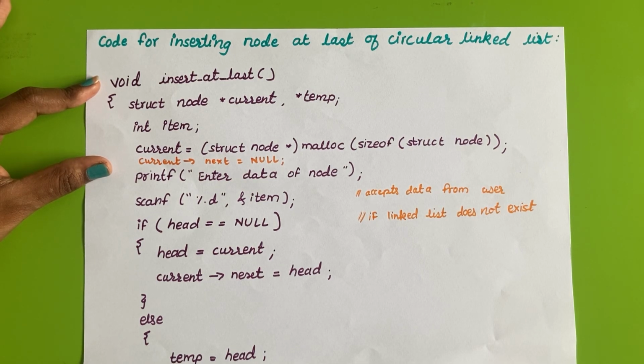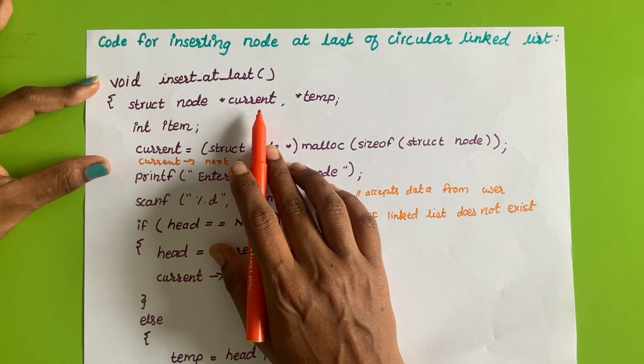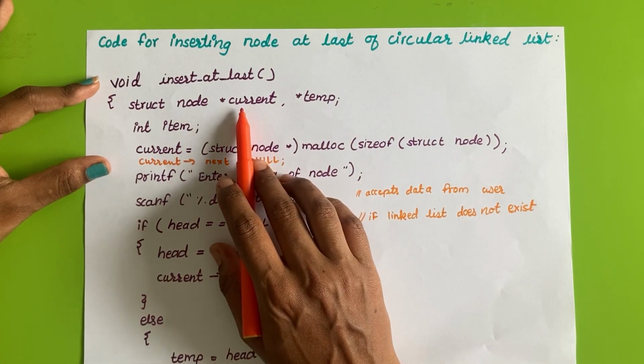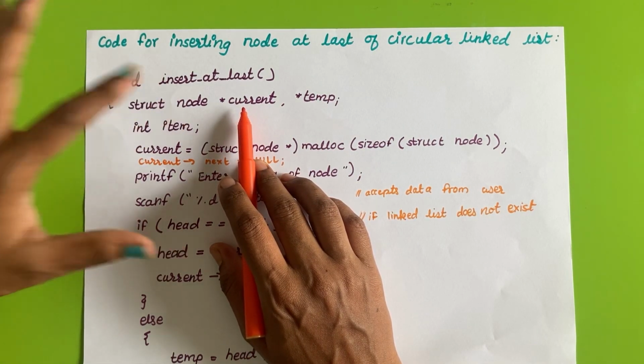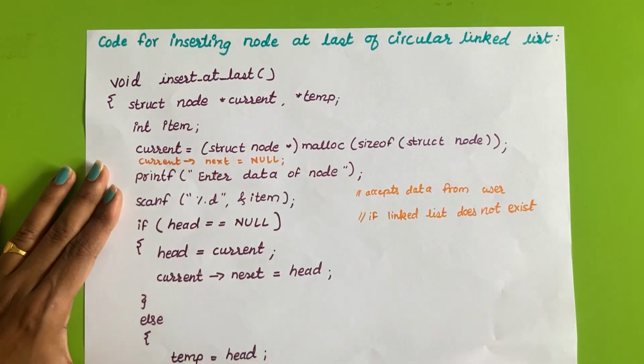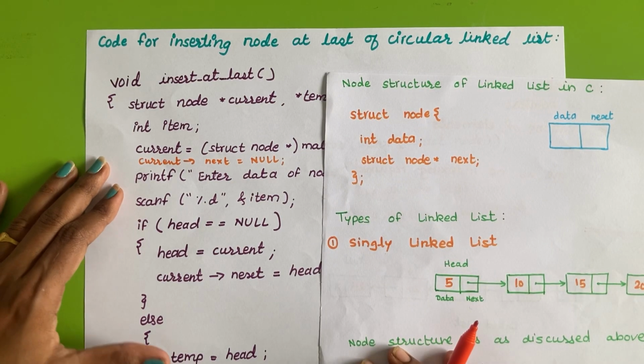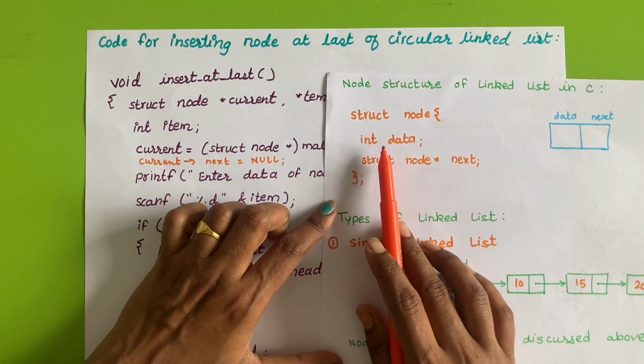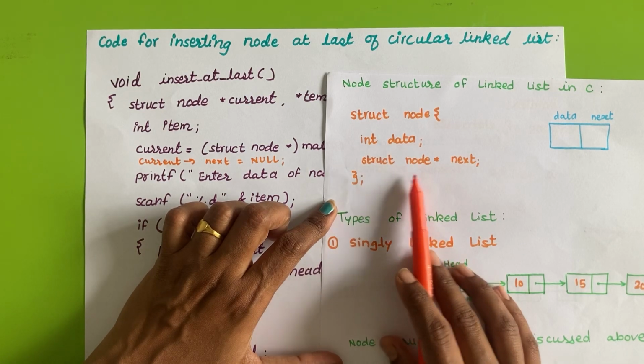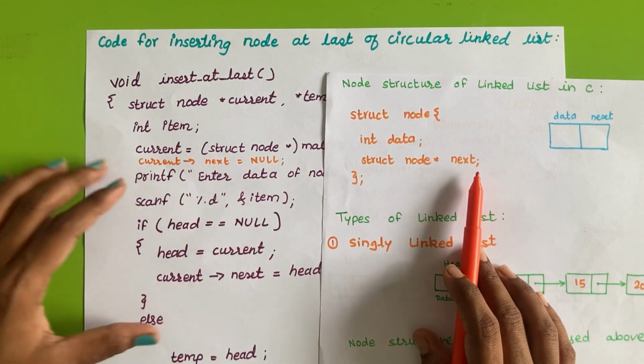the circular linked list. So for that purpose we have taken here the function void insert at last, and again we have taken here two different pointers of struct node. The node structure we have already discussed, that is similar to the node structure of the singly linked list, that it contains two parts. One is integer field and other is the address field.